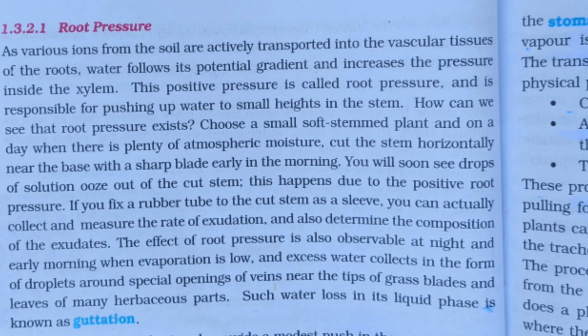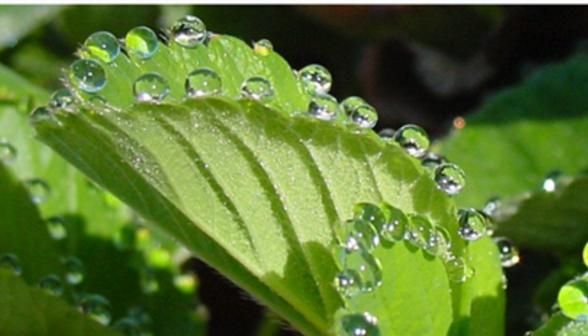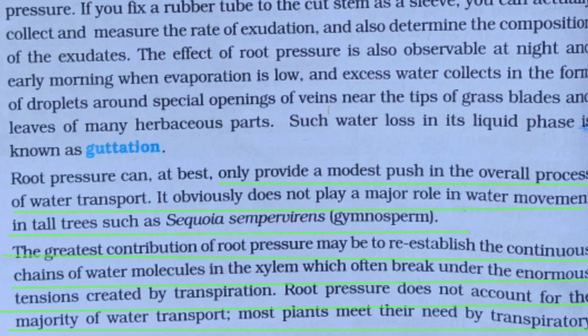Besides this, the leaves of many herbaceous plants show water loss in its liquid phase, known as guttation. So root pressure can at best only provide a modest push in the overall process of water transport. In tall trees such as Sequoia sempervirens, gymnosperms, it requires more water.